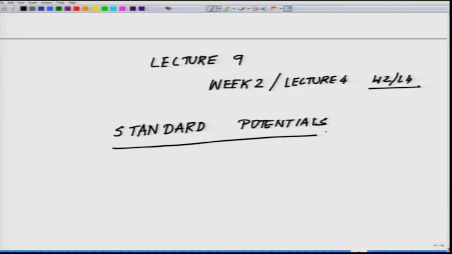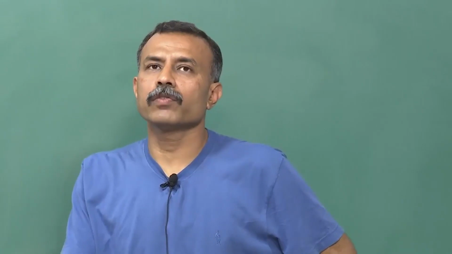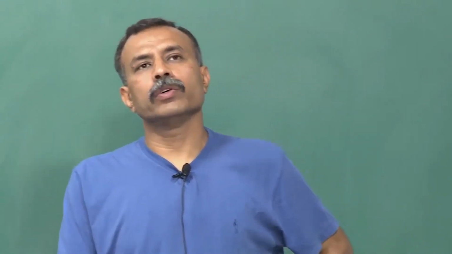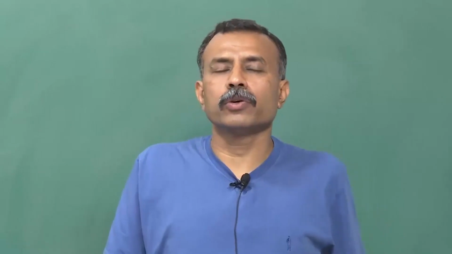In the last class, if you remember, we talked about the hydrogen electrode, the standard hydrogen electrode, and I told you that this is the first kind of electrode. After the Nernst equation, we will move on to potentiometry and electrodes, as you will realize.